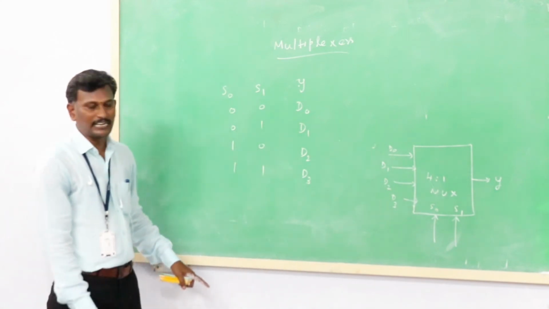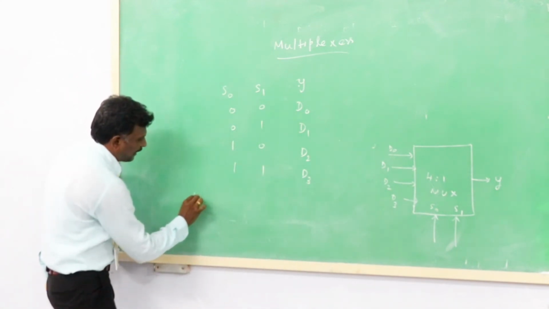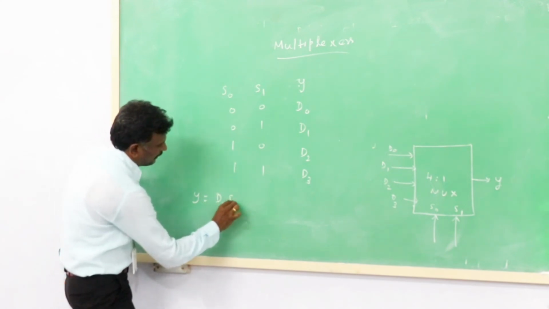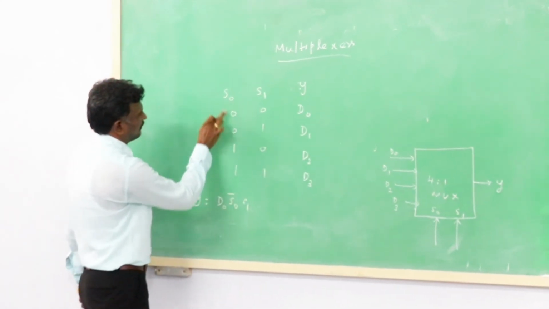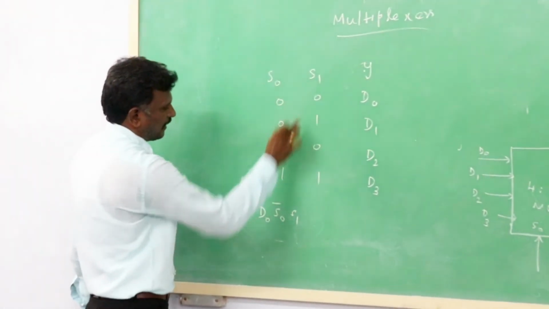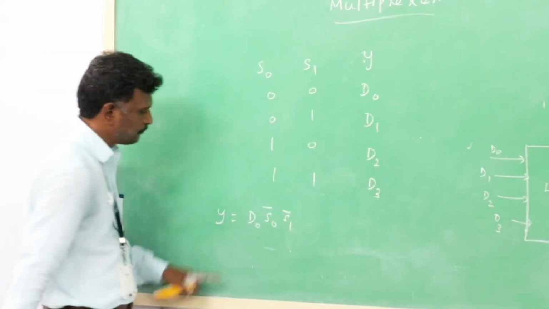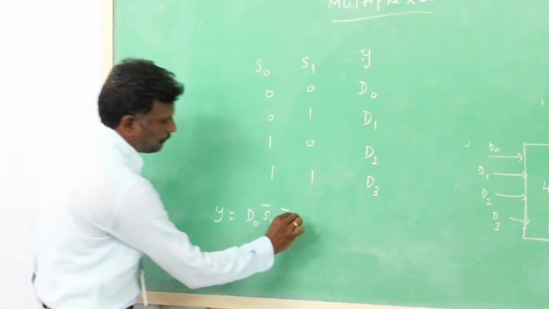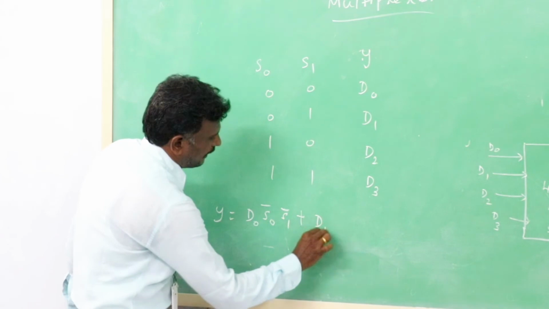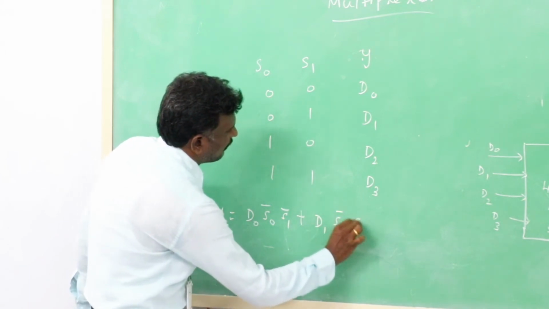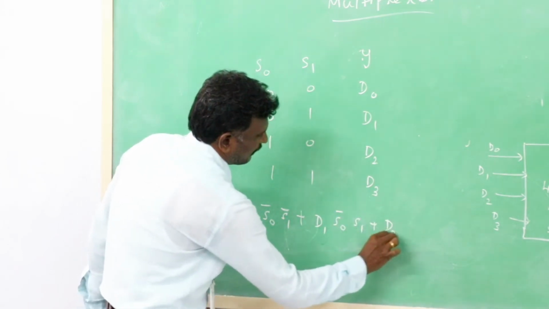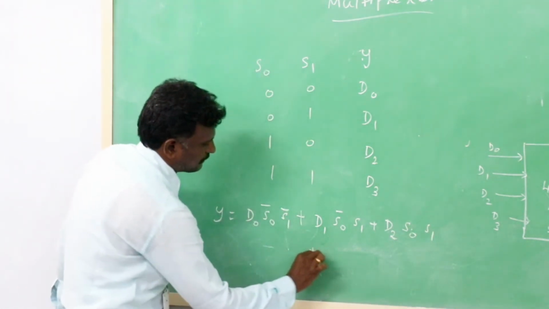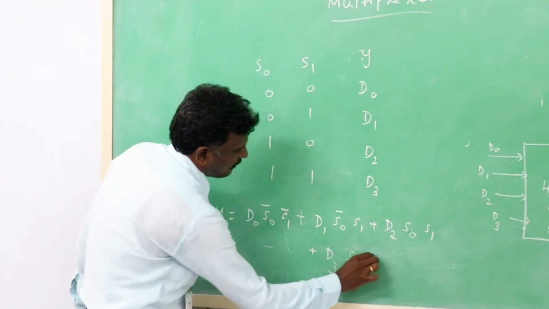So the output will be written as Y equal to D0 S0 bar S1 bar, because 0 means S0 bar, here also 0 for S1 bar. So Y equal to D0 S0 bar S1 bar plus D1 S0 bar S1 plus D2 S0 S1 bar plus D3 S0 S1.